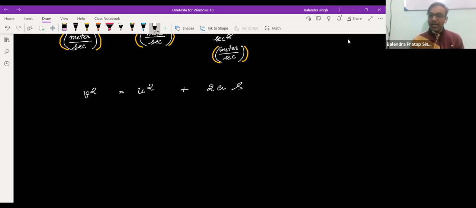Here s is displacement, v is the final velocity and u is the initial velocity. So please, guys, check this equation. Is it correct or not dimensionally? Try once by yourself whether this equation is dimensionally correct or not.